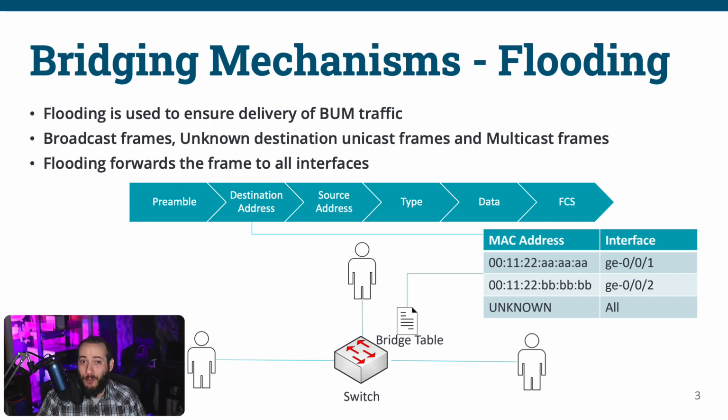However, without those protocols configured, the switch handles multicast frames the same way as broadcast and unknown unicast, in that it simply floods the multicast frames to ensure they reach the desired destination. So that's the flooding mechanism. Now let's take a look at the filtering mechanism.